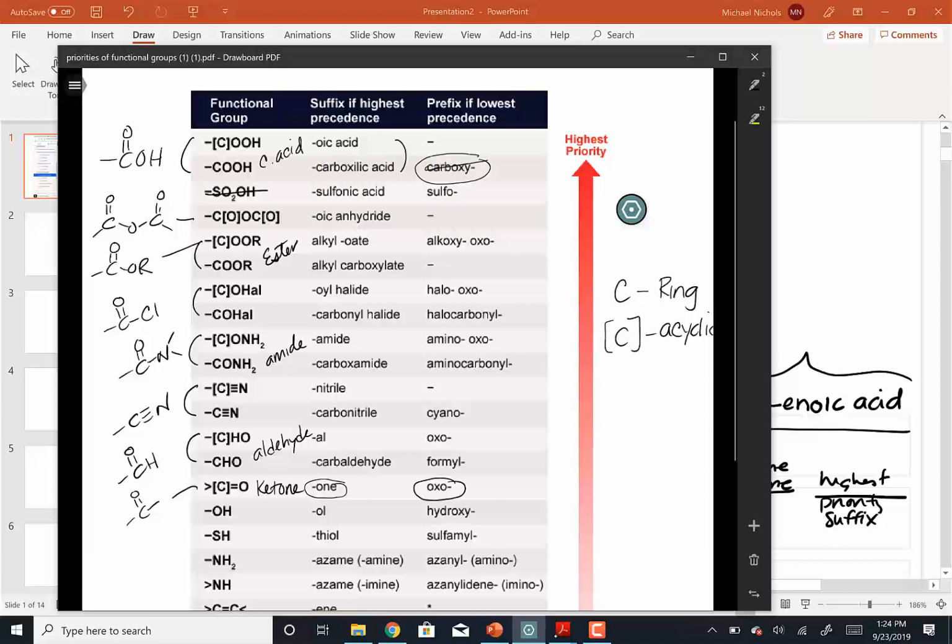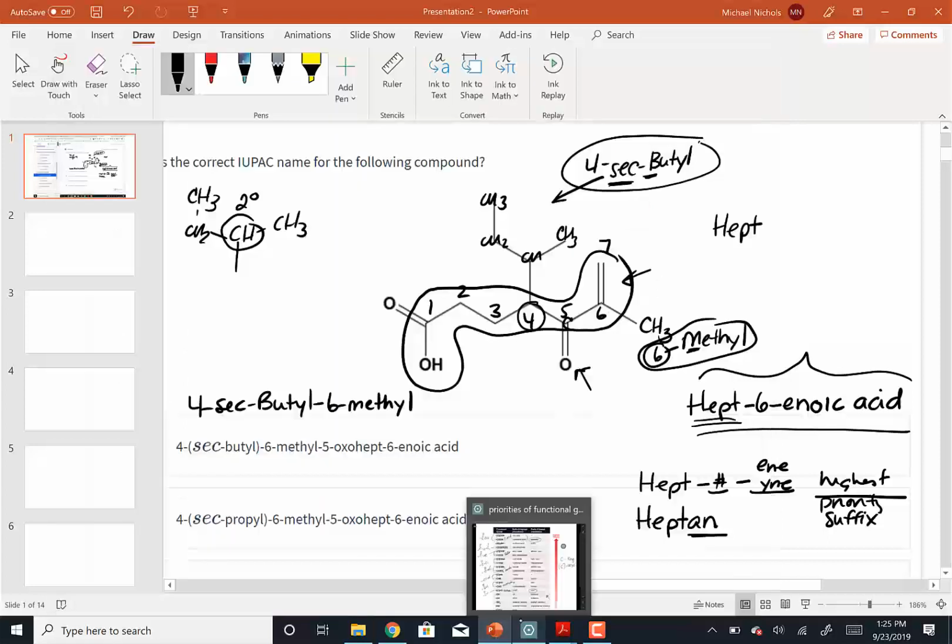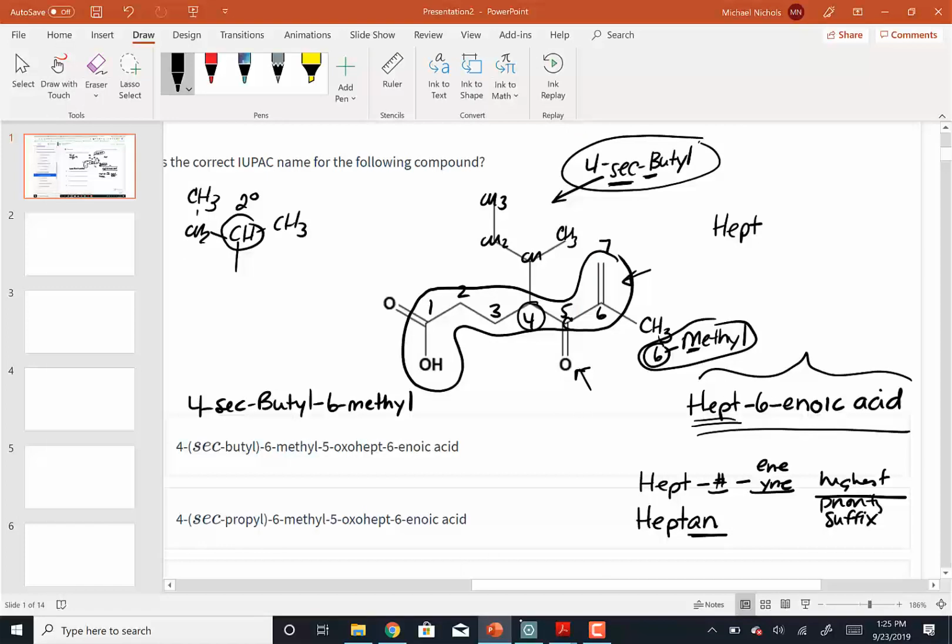And all of these names in the second column are treated as if they were alkyl groups, alkoxy groups, and halogens. In other words, they move to the substituent list. So in this case, the reason the book is calling this a 4-sec, 6-methyl, 5-oxo, and don't worry about the numbers, all they did was put it in the same thing, and you have to figure out what the numbering scheme is.